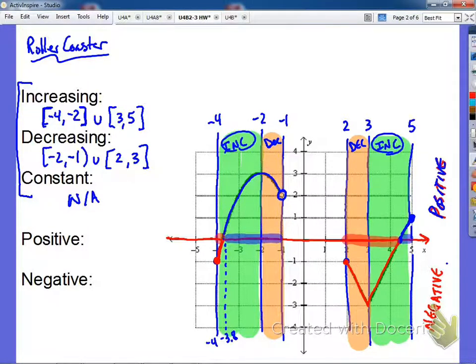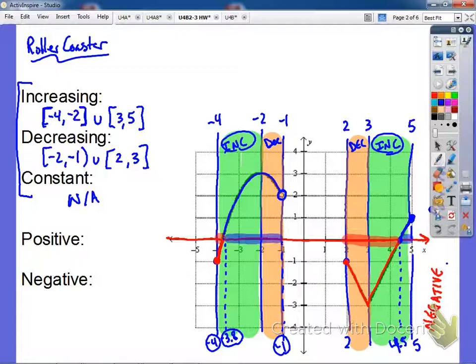And then from right here to here, this is going to be -1. And right here, this is going to be +2 all the way over to there. So this would be about, let's say, 4.5. And this is 5.